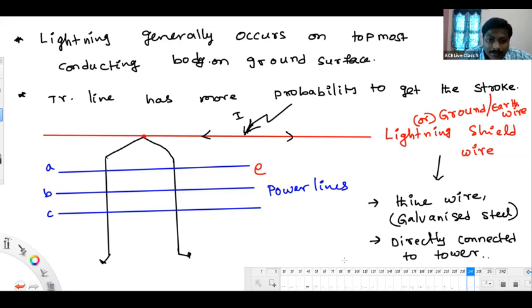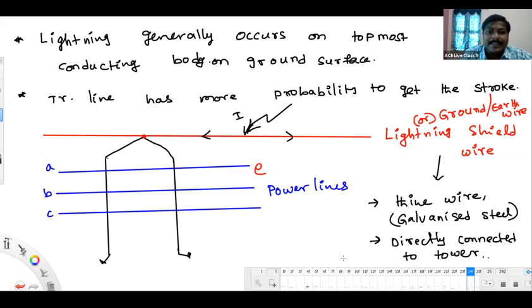Direct lightning over voltage we are capable to avoid by keeping the ground wire. Are you capable to avoid the indirect lightning over voltage? No, we can't avoid the indirect lightning over voltage. Can we avoid the switching over voltage? No, we can't avoid the switching over voltage.